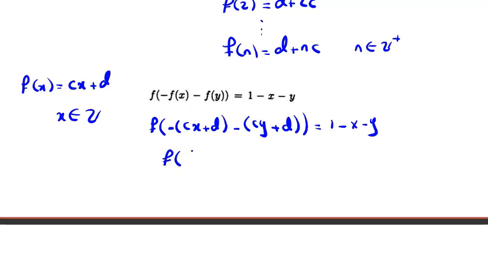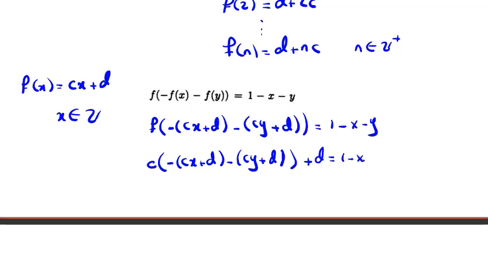F of this will be c times this: c times (negative cx plus d minus cy plus d) plus d is equal to 1 minus x minus y for all integers x and y.